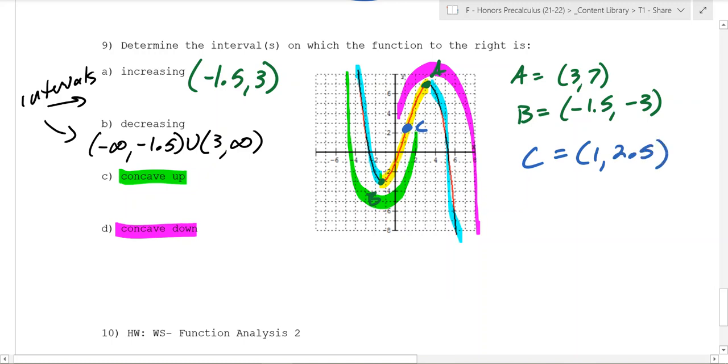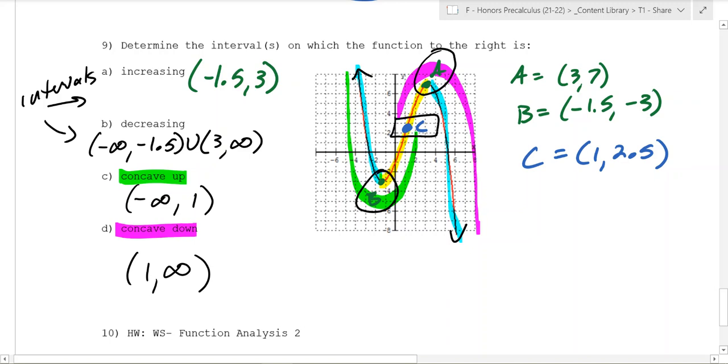So it's concave up, smiling, from negative infinity to 1, and it's concave down from 1 to infinity, assuming this keeps on going. So we just had to estimate because we didn't have a function to plug into our calculator. If we had a function to plug into our calculator, we could use the max-min features to get this point. Now, finding this point on your calculator is a little different, and right now we're just estimating it.